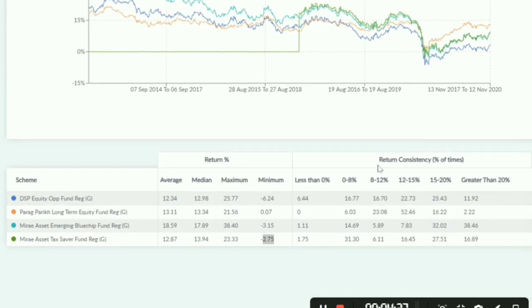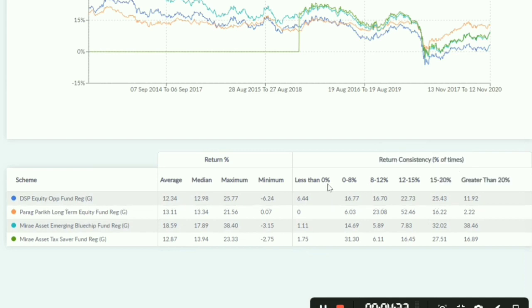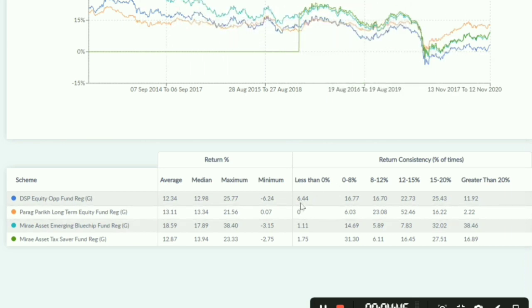Another point is return consistency. Less than 0%: 6.44% of the times it has been less than 0%. Out of this timeline, 6.44%, this is 1%, this is 1.75. So in this, obviously PPFAS, Mirae Tax Saver and Mirae Emerging have better performance than DSP Equities.